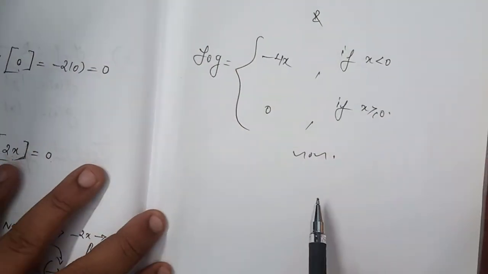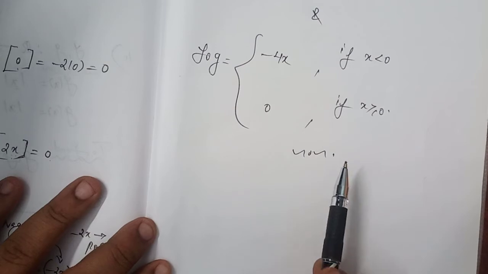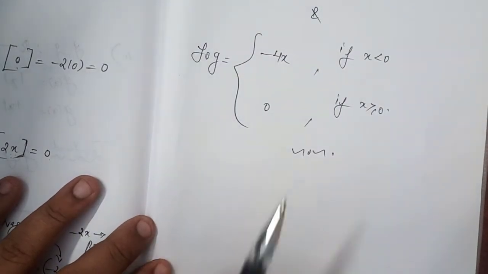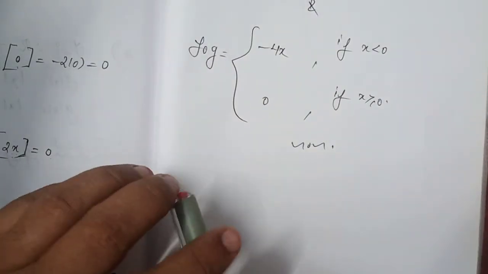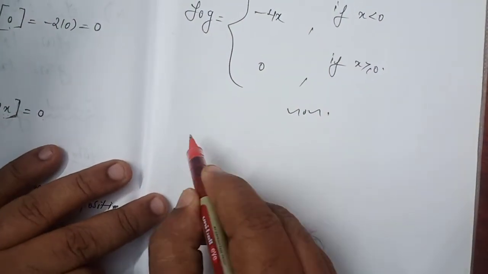For proving the book answer is wrong, particularly for f dot g, I take one example so you can easily understand. Verification.